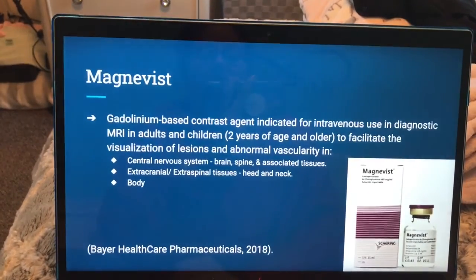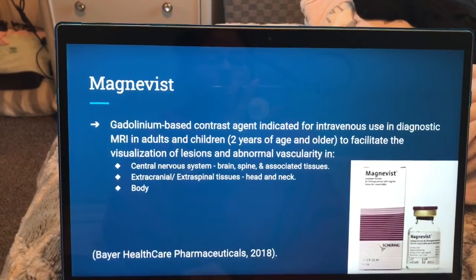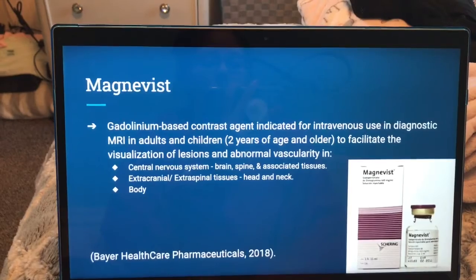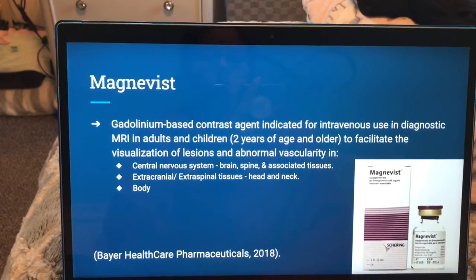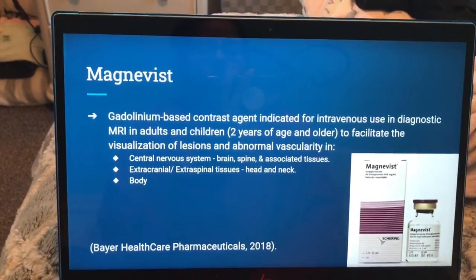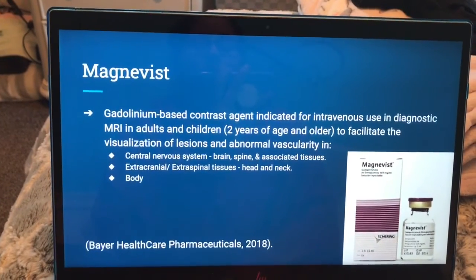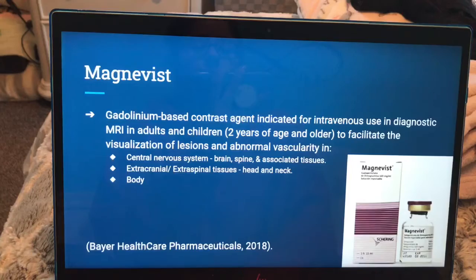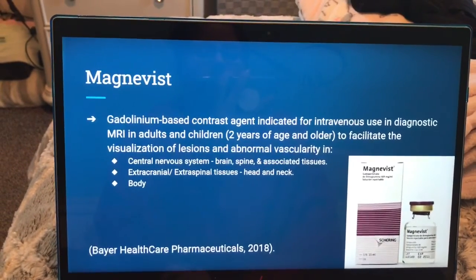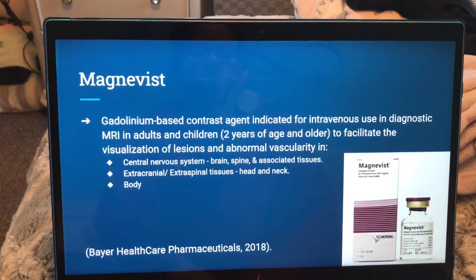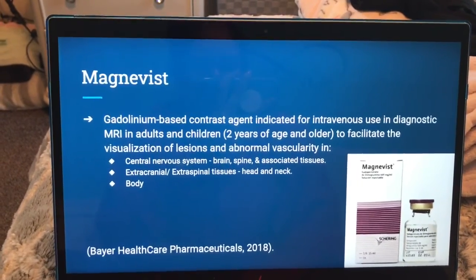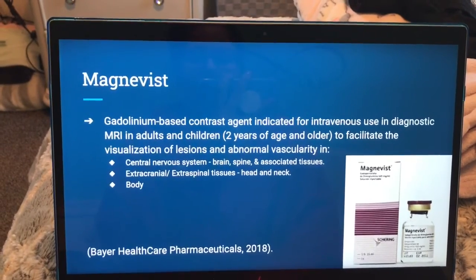It is a gadolinium-based contrast agent indicated for intravenous use in diagnostic MRI in adults and children 2 years of age and older to facilitate the visualization of lesions and abnormal vascularity in the central nervous system, so the brain, spine, and associated tissues, the extracranial, extraspinal tissue, so the head and neck, and the body.